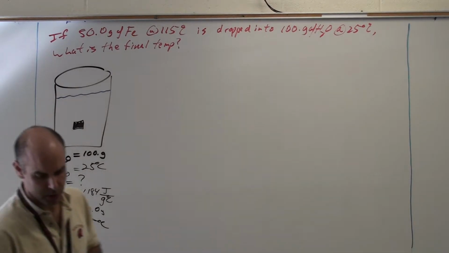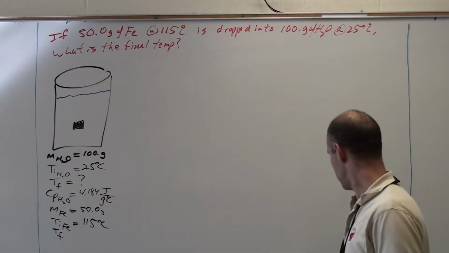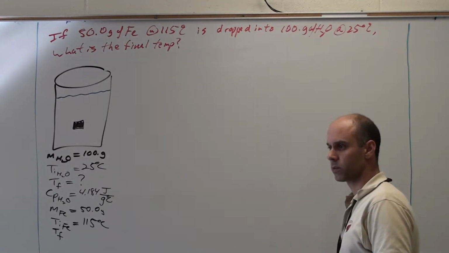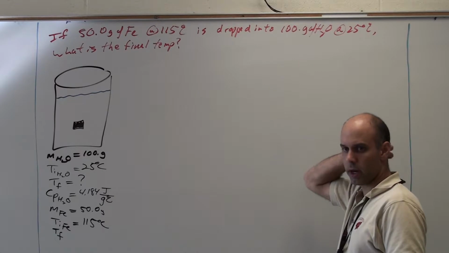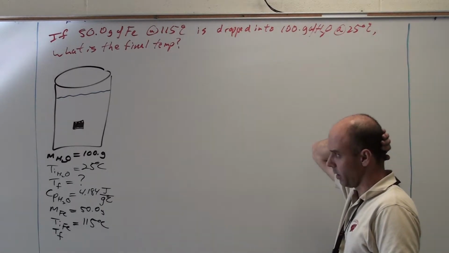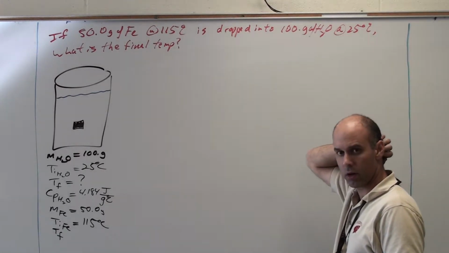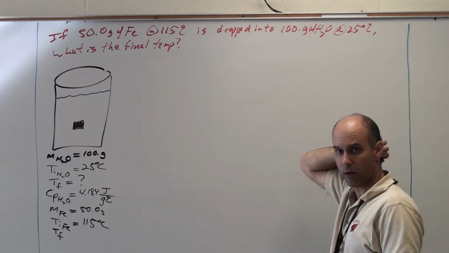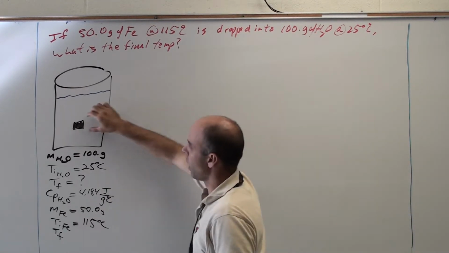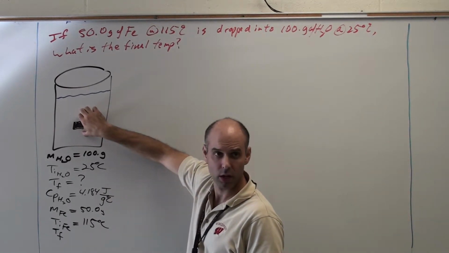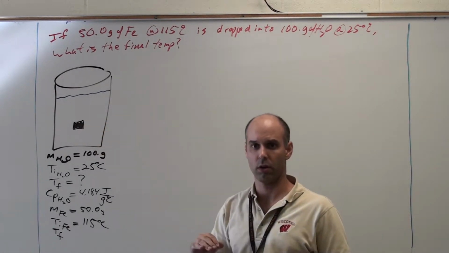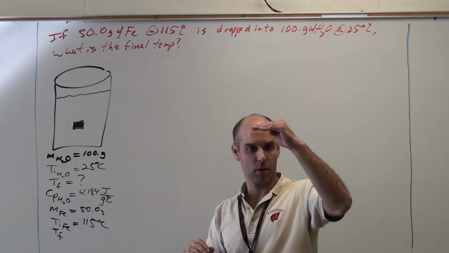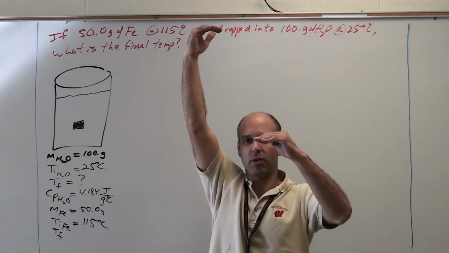Now the final temperature. Who is warmer in the problem, Brendan? The metal or the water? The iron. The iron's hotter, right. So if I drop this hot iron into cold water, what's going to happen to the temperature of the water? It's going to go up. What's going to happen to the temperature of the hot iron?